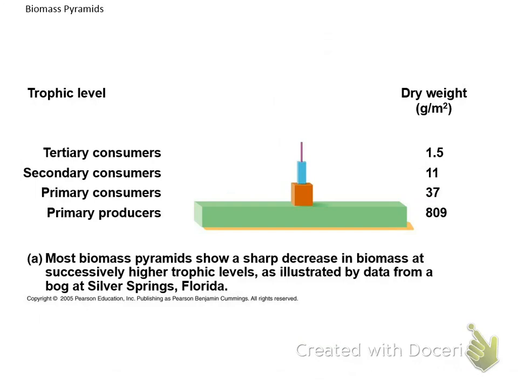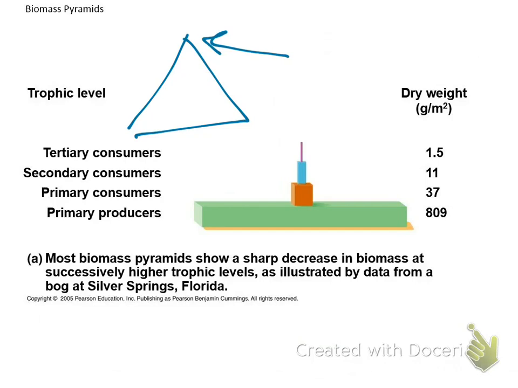The trees weigh more than the elephants, even though elephants are big. The reason it's in a triangle is because it decreases up the trophic level, right? So if you look at the pyramid, it gets smaller at the top.